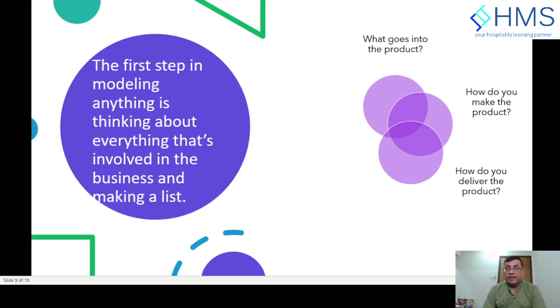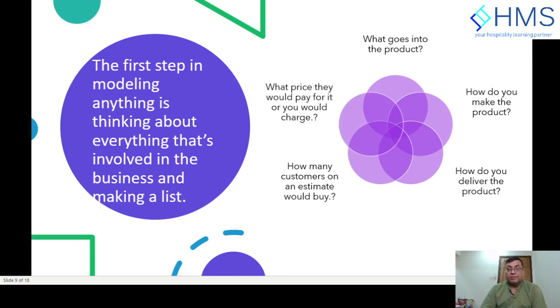So delivery is another aspect. How many customers do you think you will get, where will you get them, and how much price will you charge? So that you can decide how the whole cycle of the product and services will work.